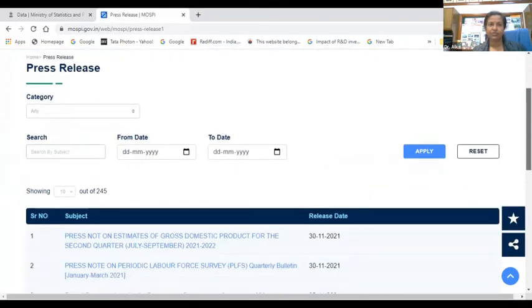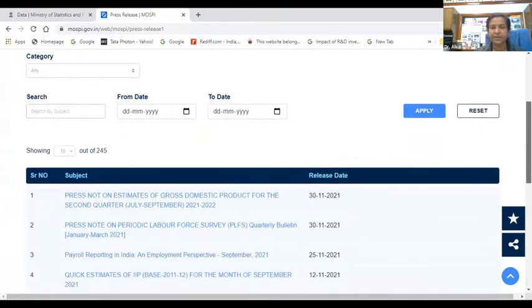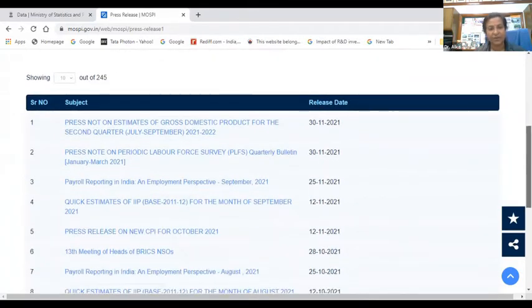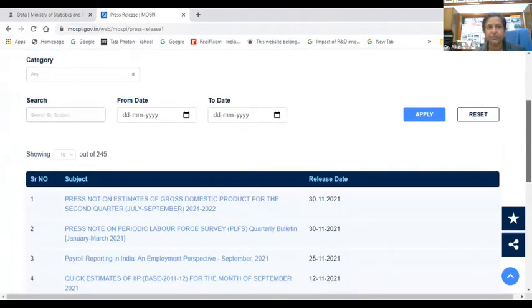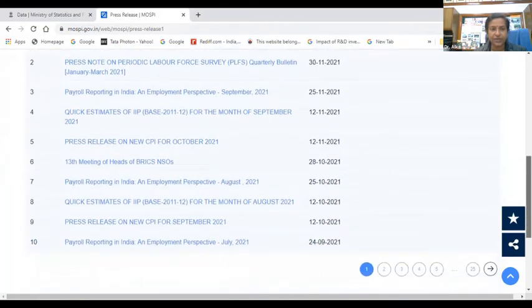And if you have that category, fine, and search by subject from which date to which date or year, and you apply, you will get the customized data. For example, if you want a particular year or particular quarter, you can search that way, any of the data, that is searched by the subject. So that can be done.